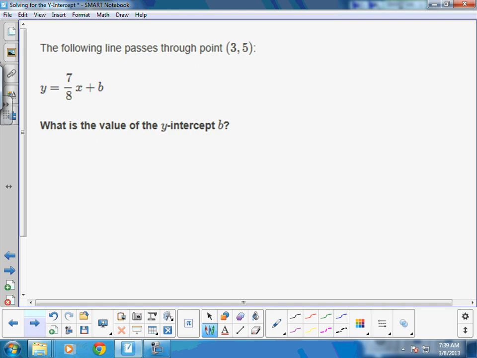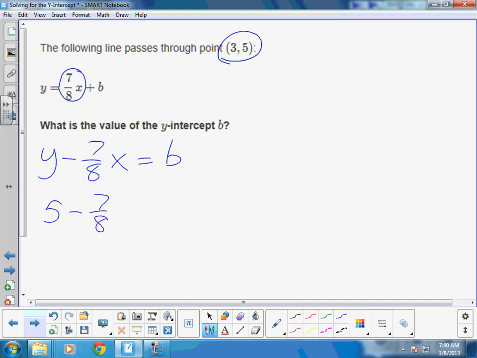So I have y equals 7/8 x. I need to get rid of my 7/8 x. To do that, I'm going to subtract it. So it's going to be y minus 7/8 x equals b. Now I substitute my values in for the variables. y is 5 minus 7/8 times x. x is 3, and that will equal b.